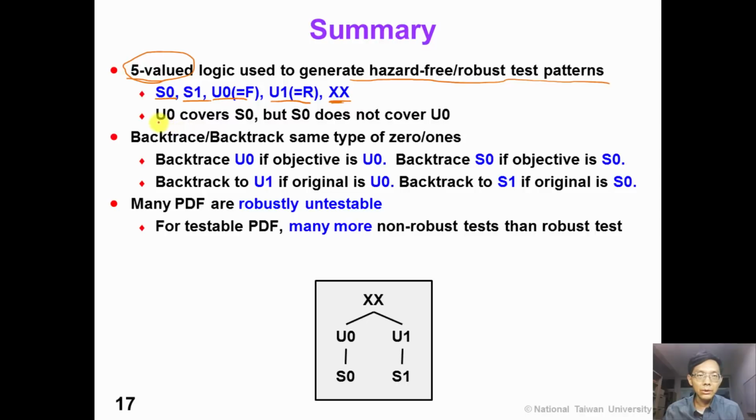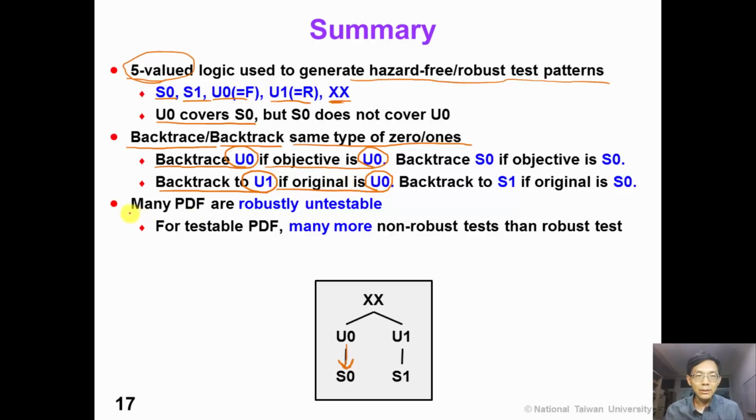In the covering tree, we say that U0 covers S0, but not vice versa. When we do a backtrace or backtrack, we always backtrace the same type of zeros or ones. For example, we backtrace U0 if our objective is U0. We backtrack to U1 if our original value is U0.